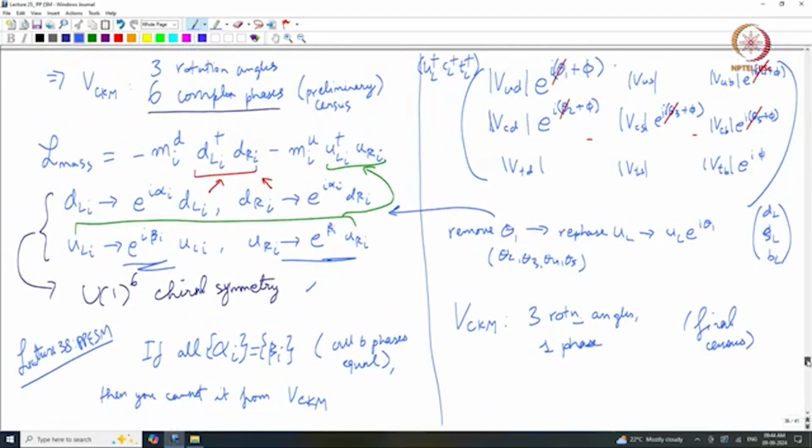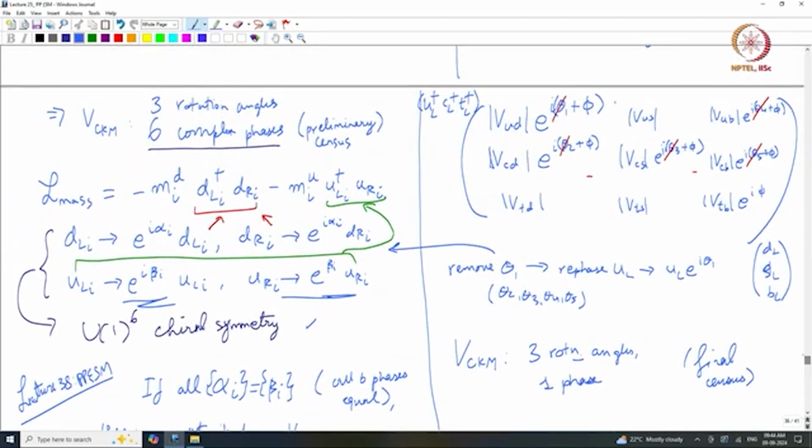You can't remove away that particular phase, right? And we saw how to do that. We parameterized the CKM phases in this way and saw that if there is a common phase phi, that cannot be removed away using the U(6) chiral symmetry.